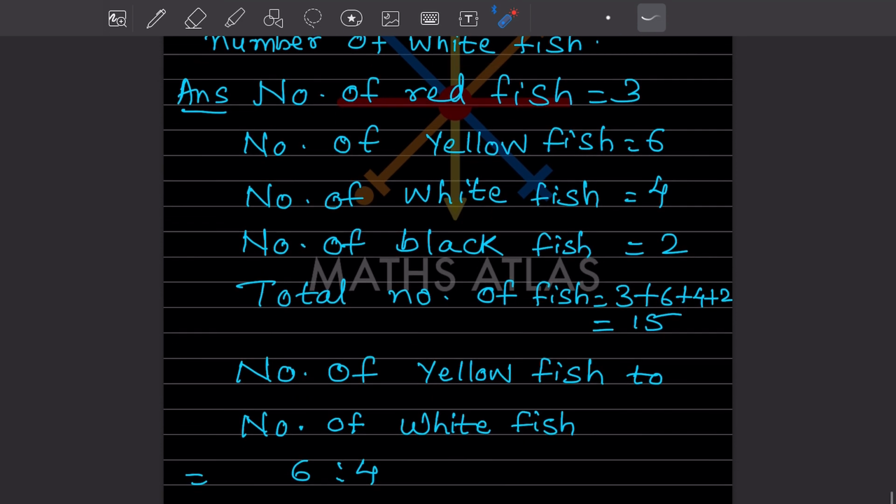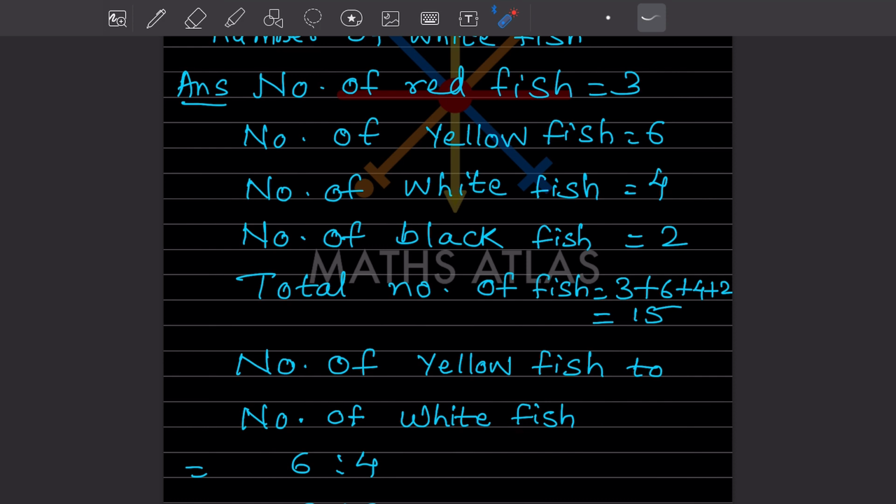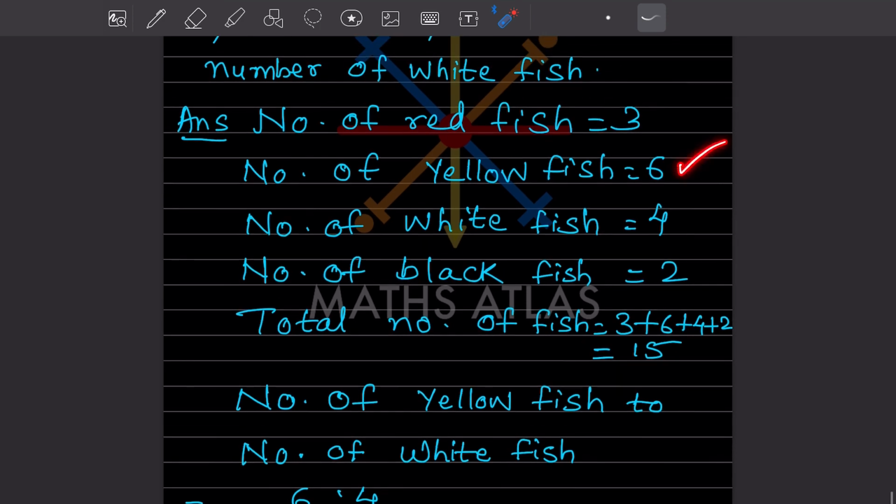So the number of yellow fish to white fish means what are we going to do? Yellow fish is 6, so we will write here 6. And as we have seen how a ratio is expressed, we can write a colon over here. Now look at here, this is white. White is 4.